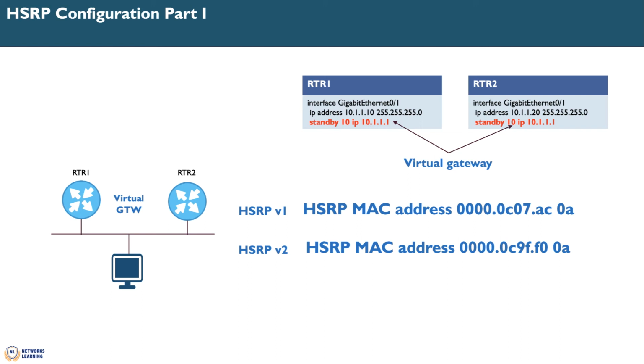It's C9FF F00A. I keep mentioning 0A because 0A in hex is actually 10, which is the standby group that we have selected. So that's pretty much the only thing that will change. The two routers have to be on the same group. You can have several groups per interface for load balancing.